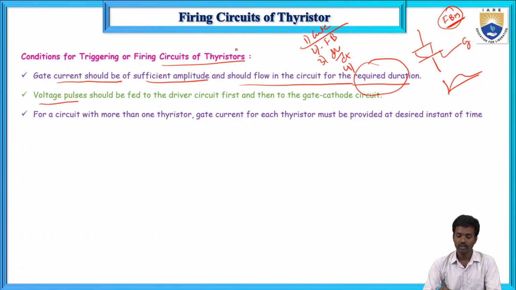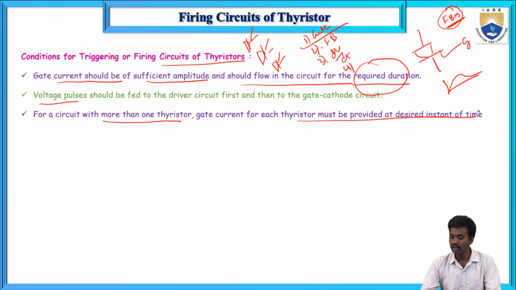If there are n number of SCRs, meaning more than one, say 2, 3, 4, the gate current for each thyristor must be provided at the desired instant of time. So different individual gate driving circuits are required.